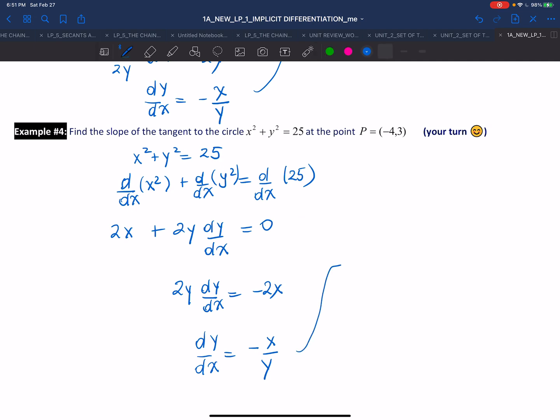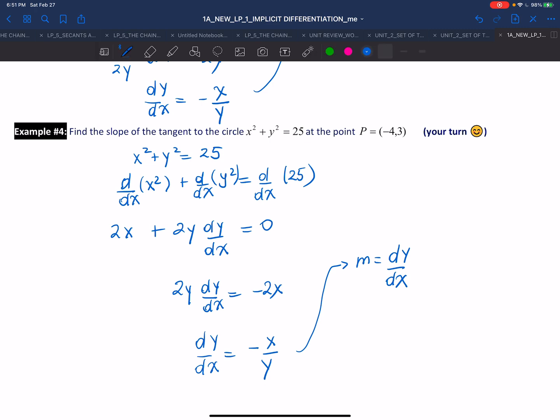So I'm going to say that the slope would equal dy dx, and it's the same equation that we are differentiating, and it won't matter how big the circle is, because the radius of the circle just determines the size but not the shape of it.